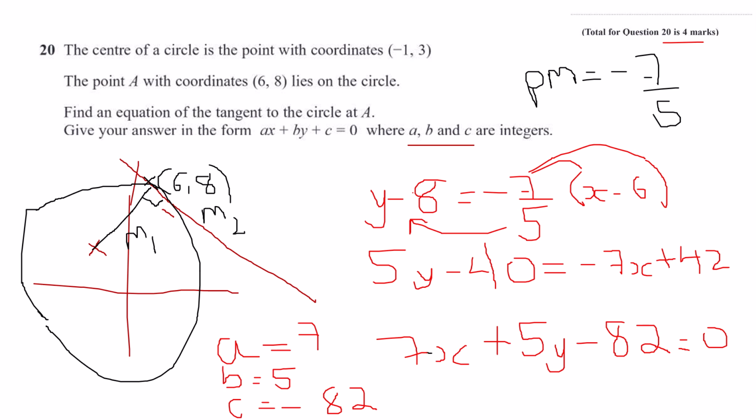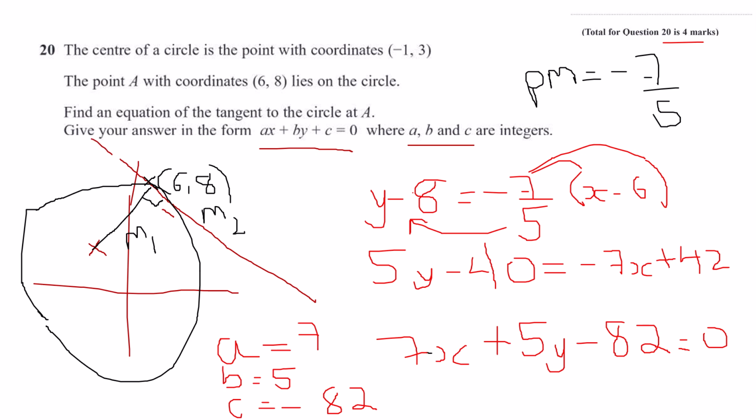But it's just a rearranged version of y equals mx plus c. It is sometimes a nicer or neater version, but it means the exact same thing, in the form y minus mx minus c equals 0.